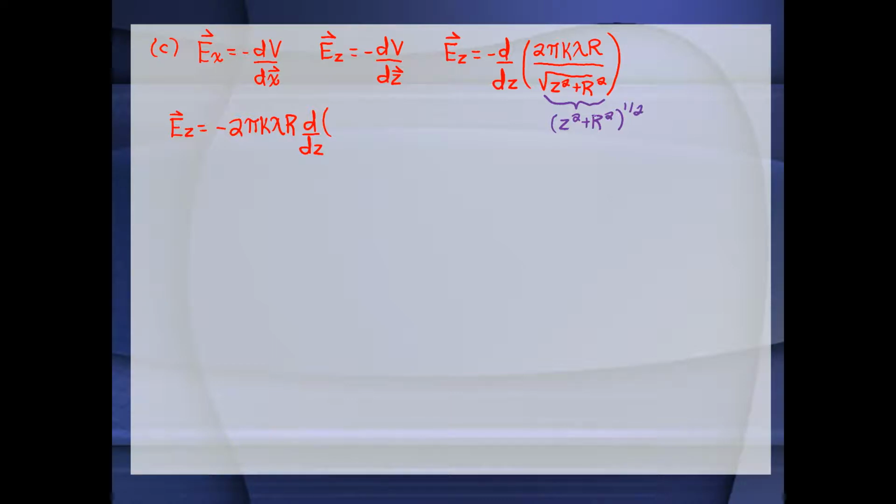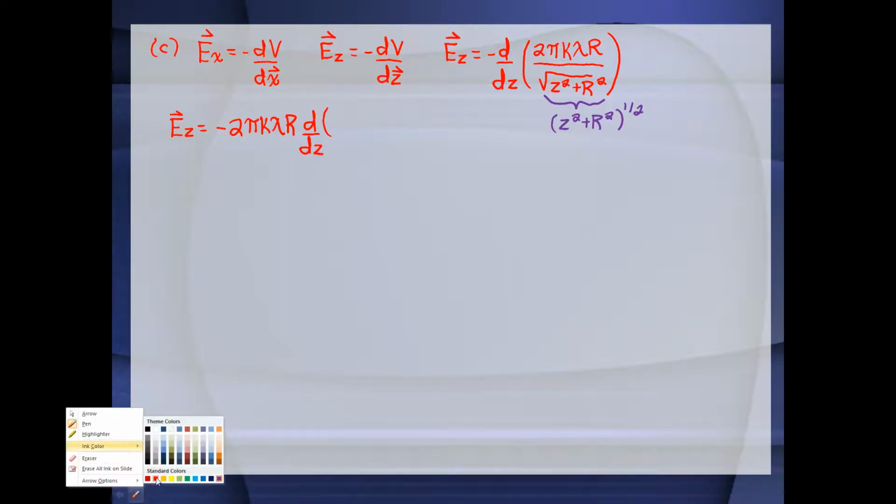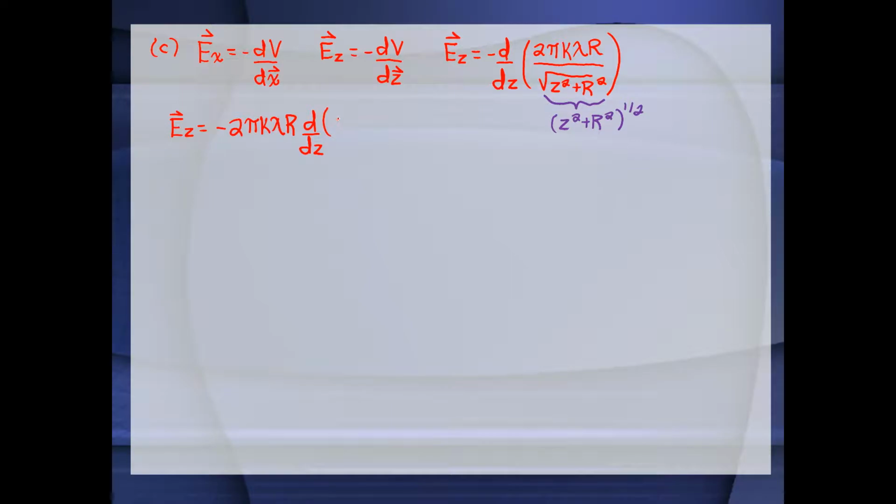I want to write that expression in the numerator though. So to write it in the numerator, we're just going to write down the negative exponent of that. So that would then become the derivative of, let's put it in brackets here, z squared plus r squared raised to the negative 1/2.